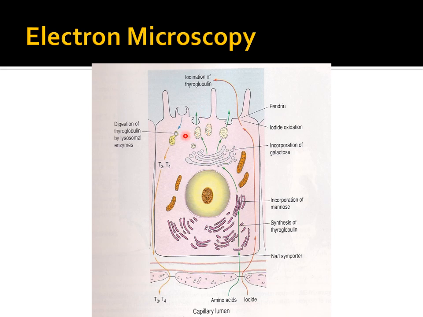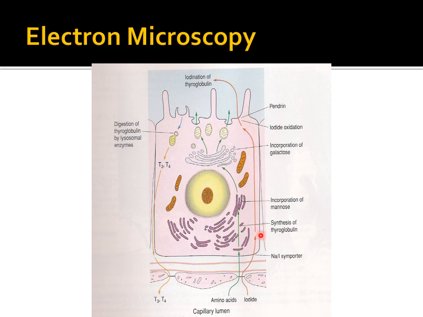These are thyroid colloid containing secretory granules present towards the apical pole, and also there are abundant lysosomes. These are present on the apical surface of the follicular cell. There are microvilli, which you can see here.